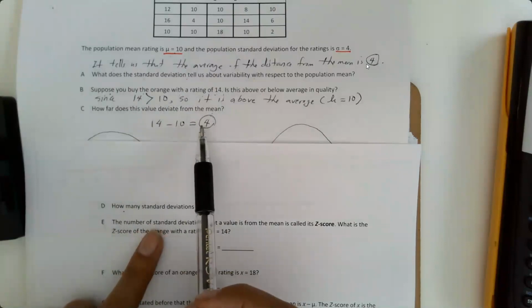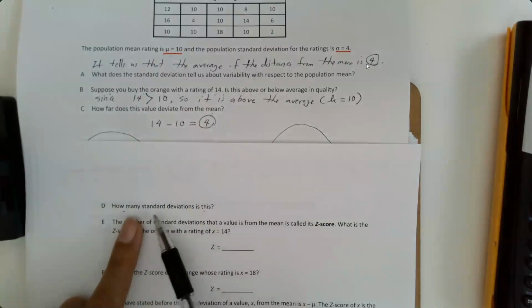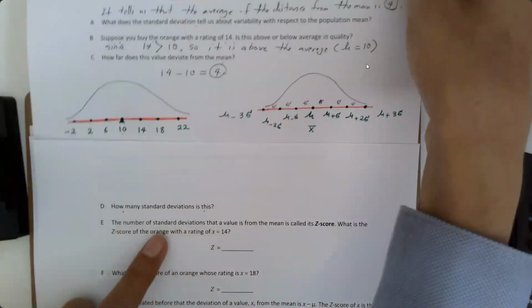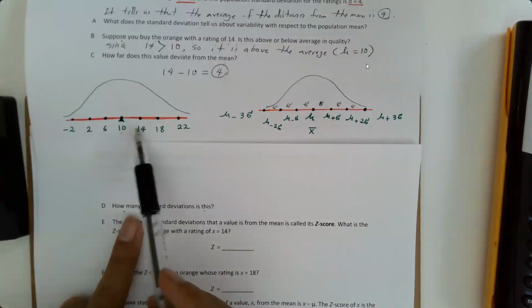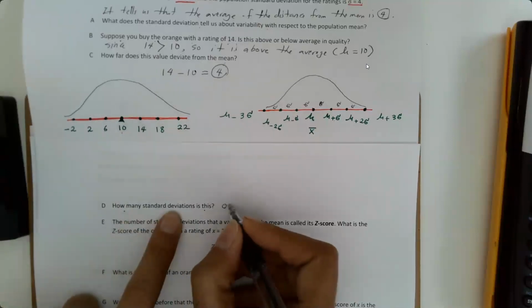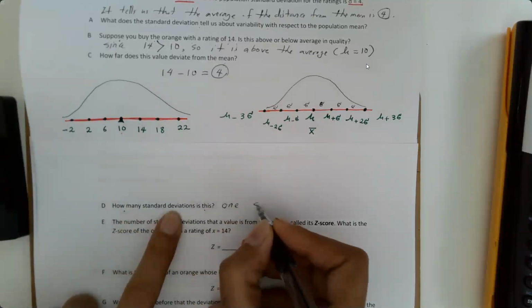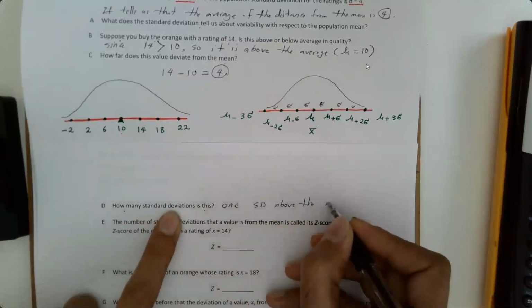But what's the relation between that distance and standard deviation? Take a look at your graph. This is one standard deviation above the mean, just one standard deviation. So one standard deviation above the mean.